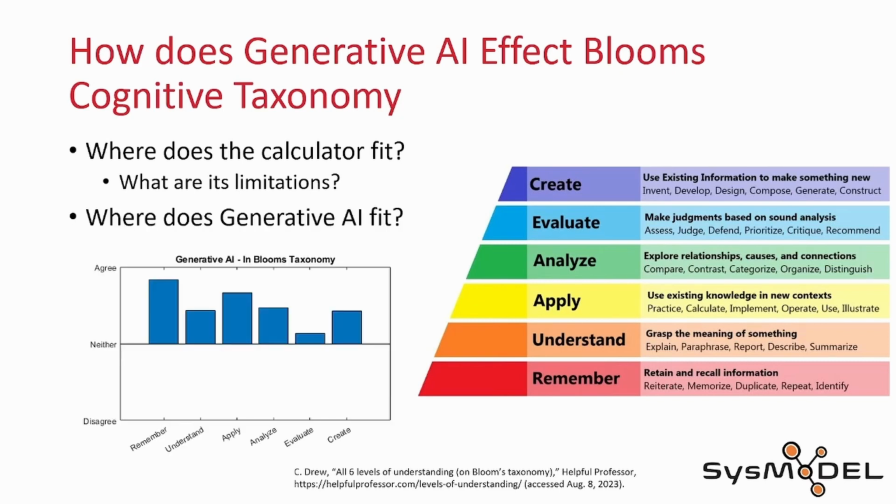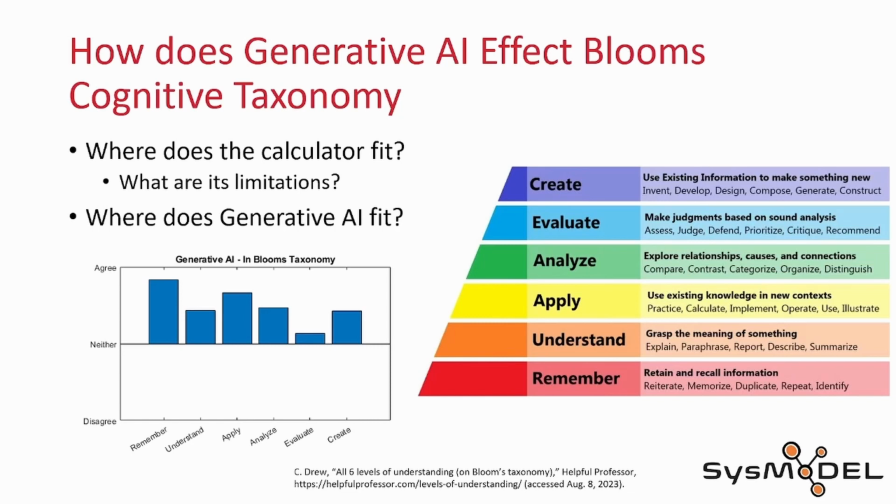Where do you think generative AI fits in Bloom's taxonomy? This question was asked to a group of professors at the University of New Brunswick, which yielded the following results. Analyzing the results, we can see that generative AI does not have a definitive stopping point on Bloom's cognitive taxonomy. Clearly, generative AI can remember and apply, as these domains are the basis of text-based generative AI systems like ChatGPT.